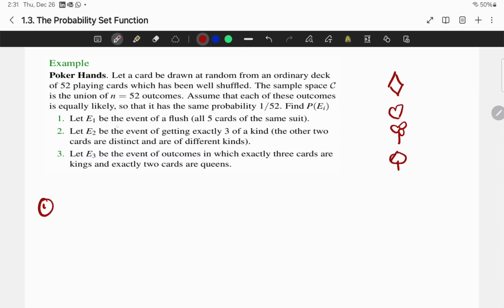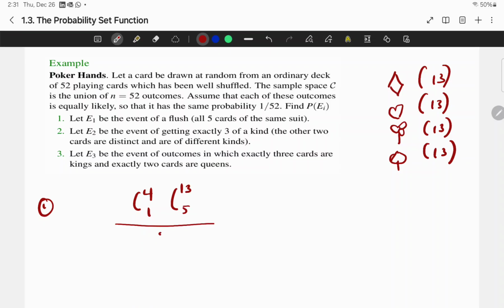So we are saying let E1 be the event of a flush, where all 5 cards have the same suit. We have 4 suits, and from those 4 suits we just want to pick 1 suit. Then from that 1 suit we have 13 cards, and out of these 13 we are picking 5.